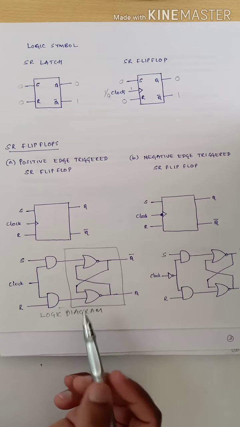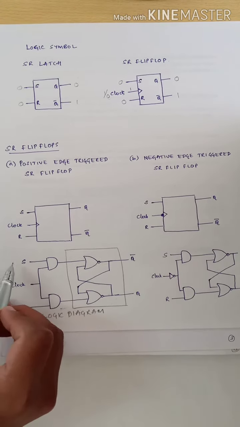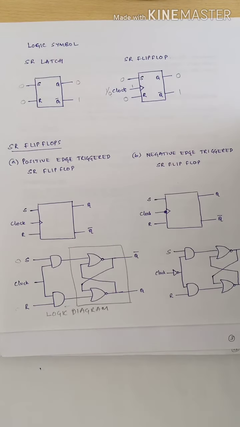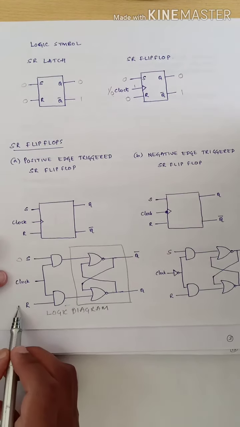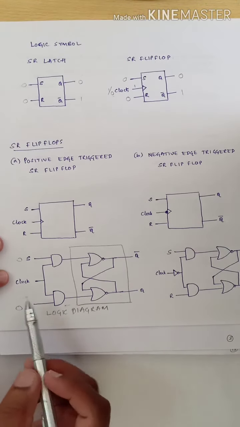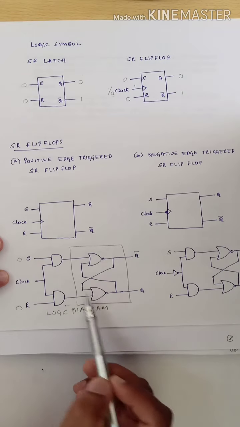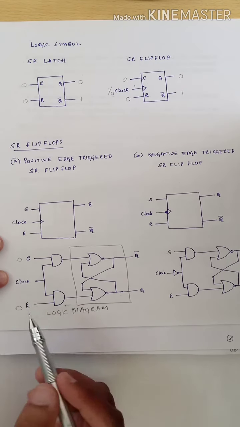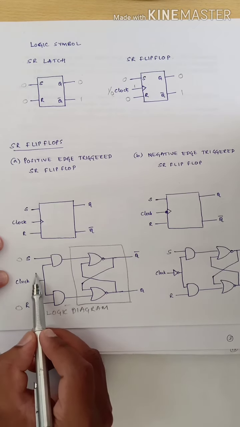It means if you have S equal to 0 and R equal to 0, these two input values are allowed to the latch only upon giving the clock input. So now assume my clock input is equal to 1.